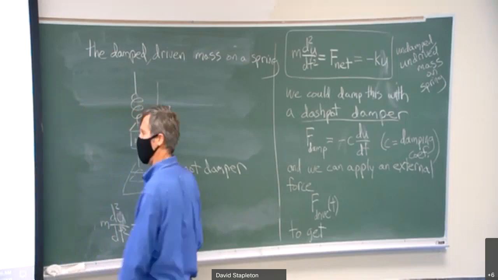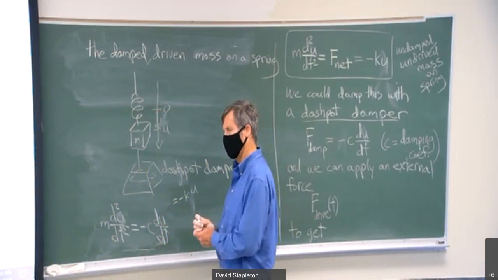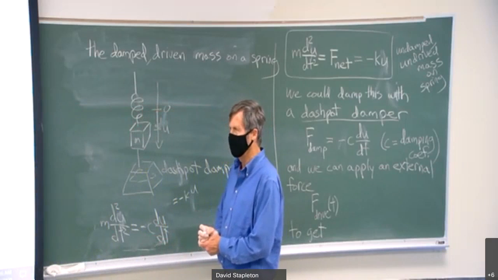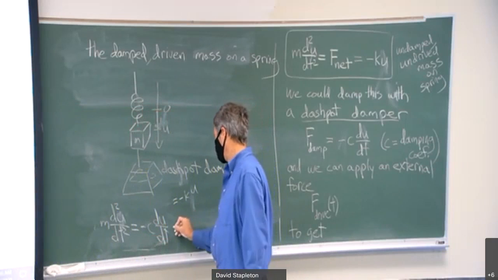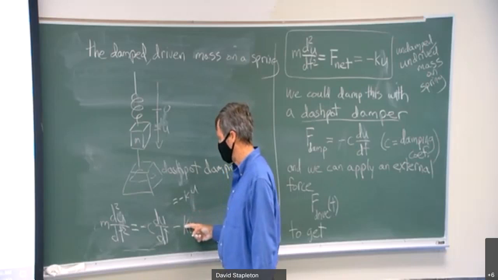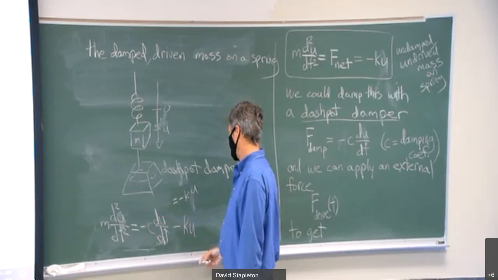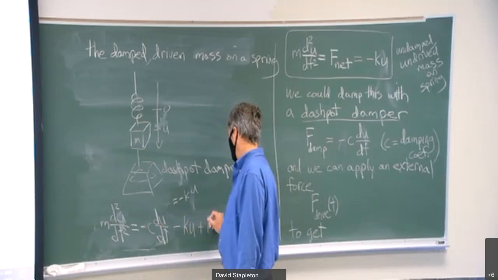Added, we say forces add, as an experimental observation, which holds true when you're not near the speed of light, plus the spring force, which is minus Ku. And again, this is minus, so it's a restoring force. This is minus, so it opposes the direction of velocity and tries to slow it down. Right? And then there's a driving force.